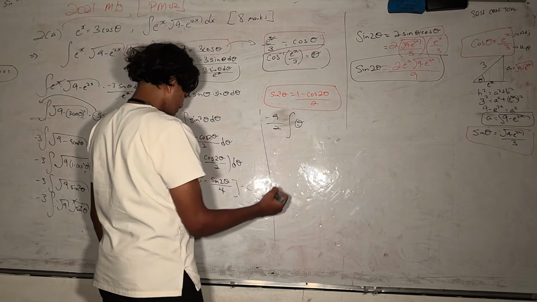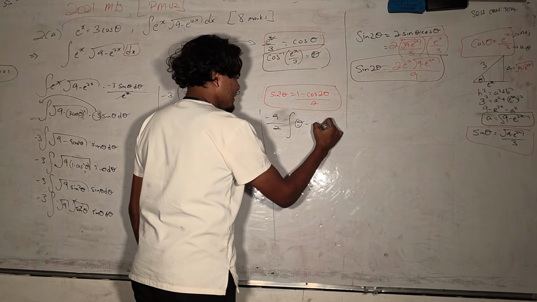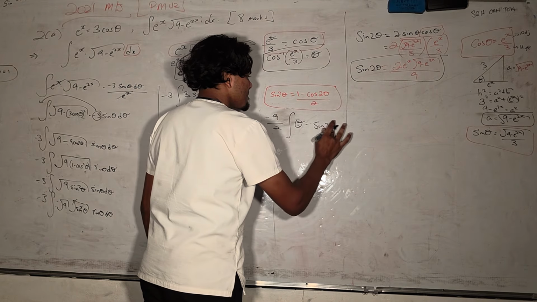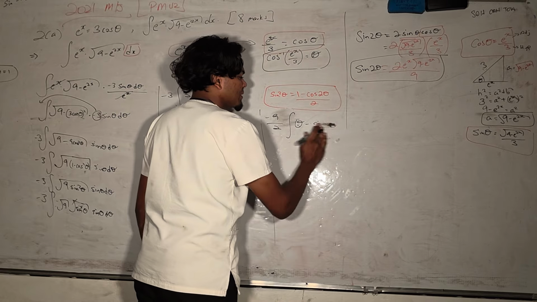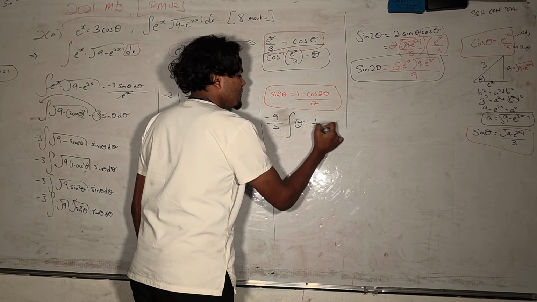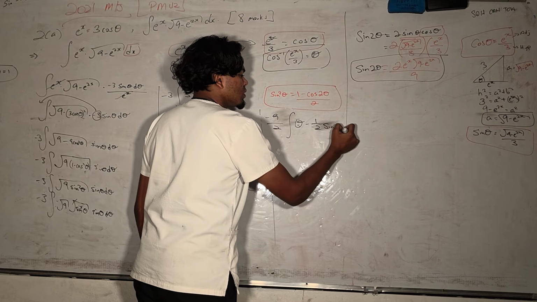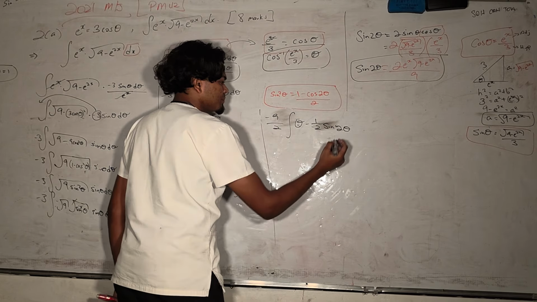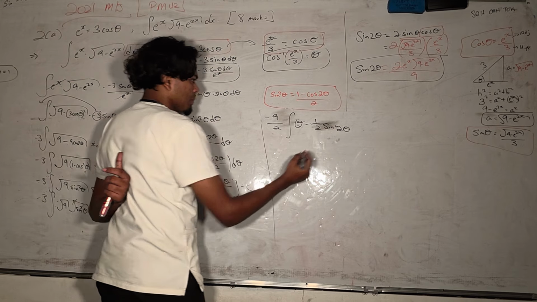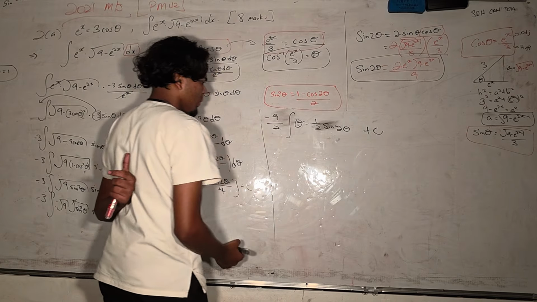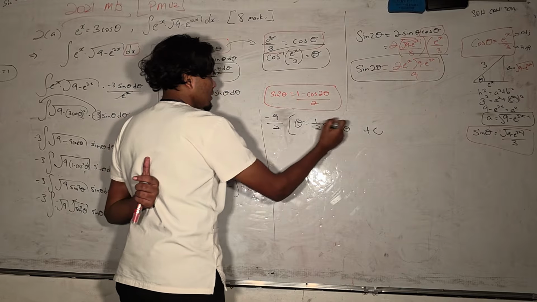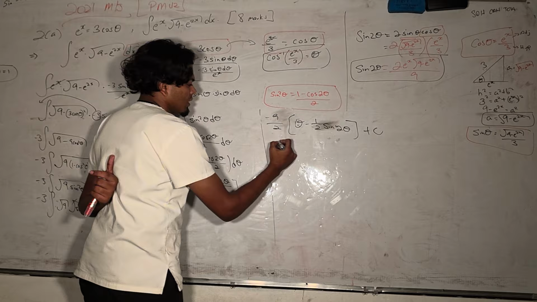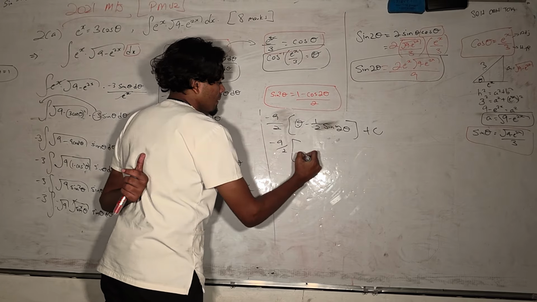You have theta, minus sine 2 theta upon... or we can say half sine 2 theta. Good? Lock in. Plus, of course. Wait, this is supposed to be a bracket. My negative 9 upon 2. What's theta?